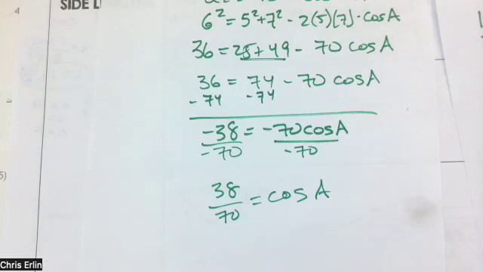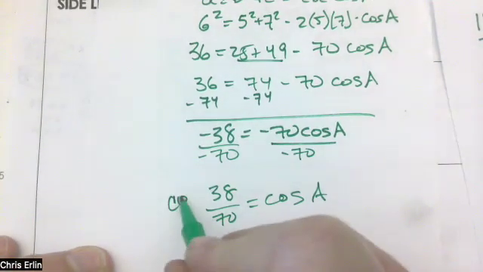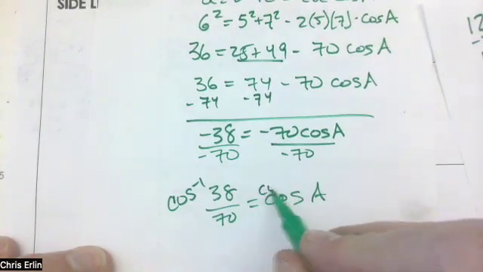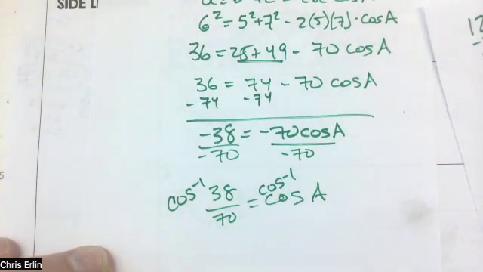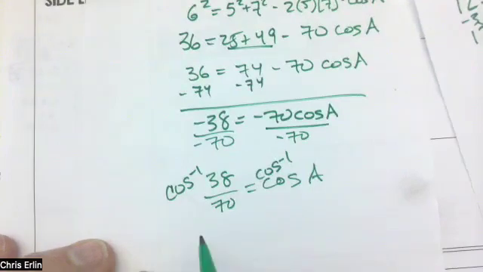Nope. What's being done to A right now? It's being cosigned. Cosine is the verb. How do you undo it? Uncosine it. Anti-cosinify. Discosinification. Also called inverse cosine.